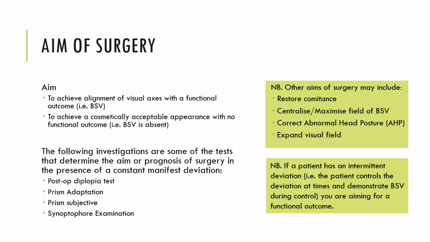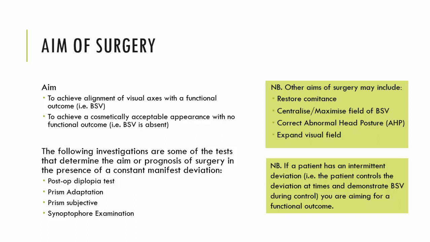Now, if you can imagine, a patient with an ESO deviation is going to have a visual field that is contracted. So when the strabismus is operated on, there will be an expansion of the visual field. This is an added, positive impact of surgery for patients with ESO deviations. However, the opposite is true of a patient with an EXO deviation.